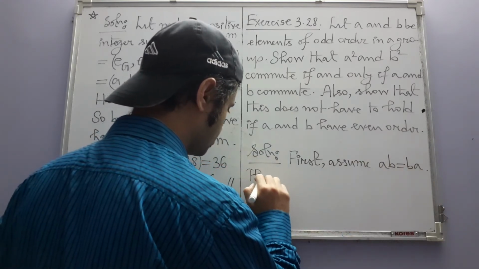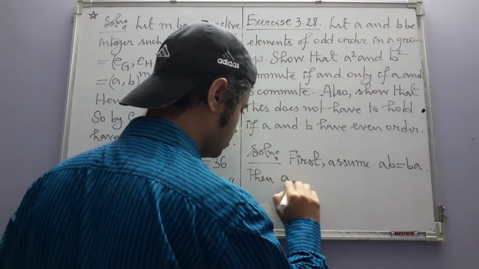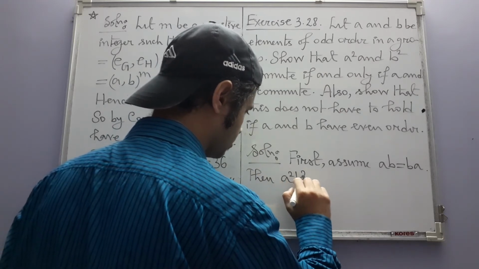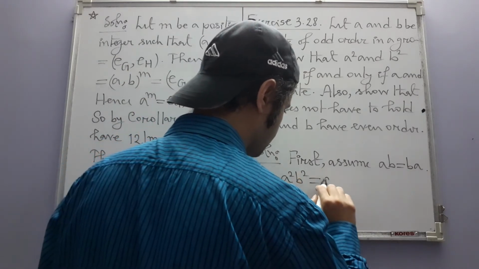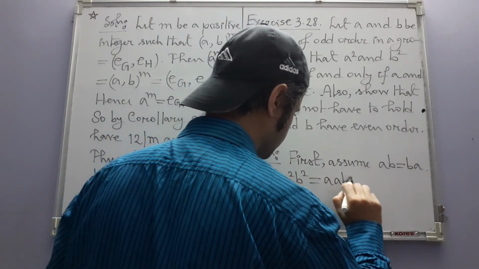Then A square B square is just simply this, no?